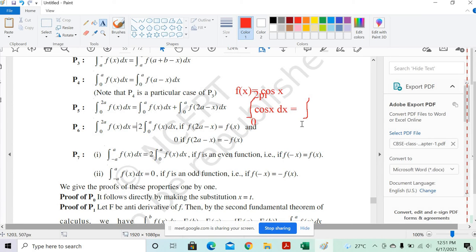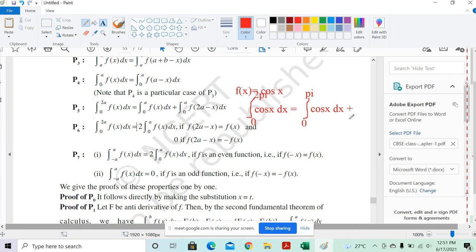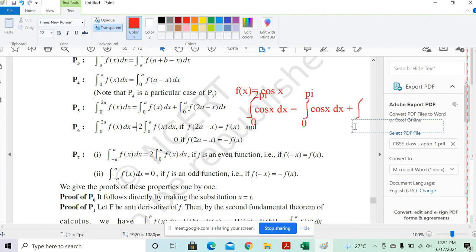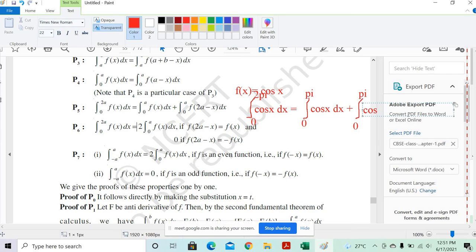So this can be written as, Vijay, 0 to pi. See, 2 pi is there, no? So I can write it as pi. Now this can be written as the integral of cos x dx plus the integral from 0 to pi of cos of 2a minus x, so it will become 2 pi minus x, dx.